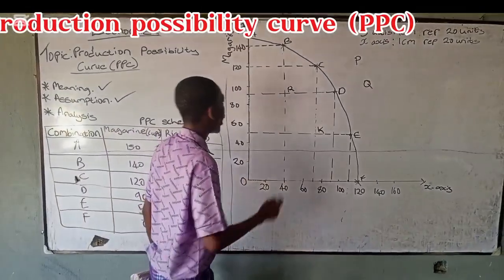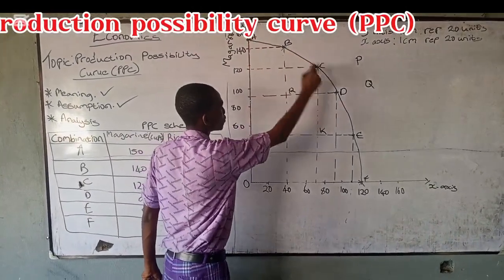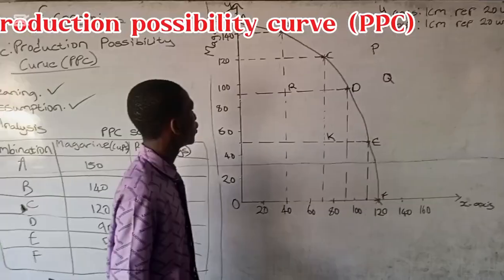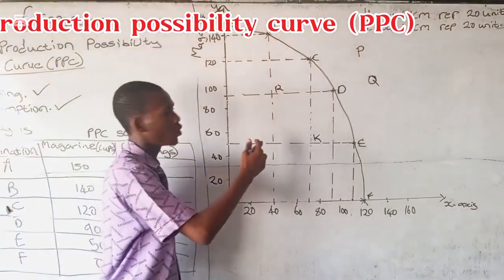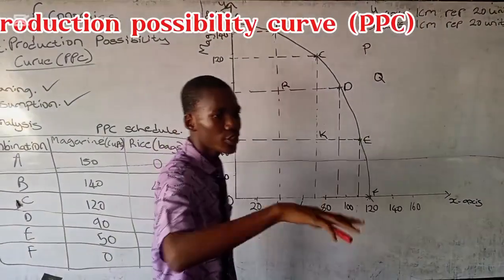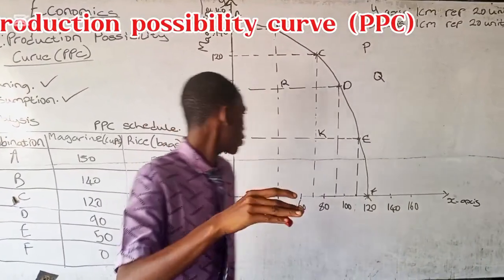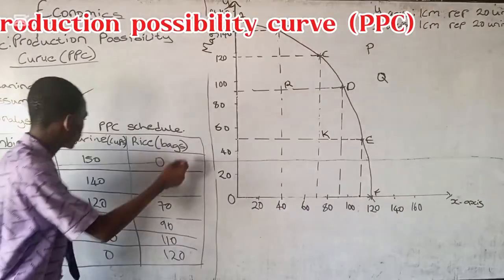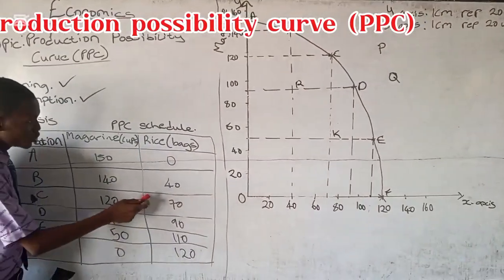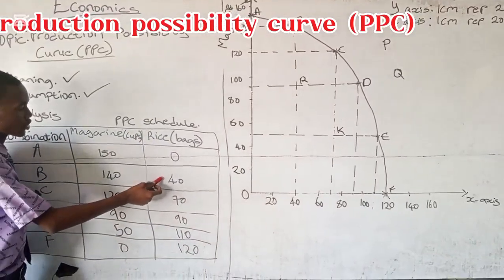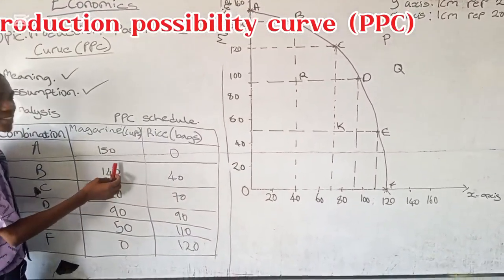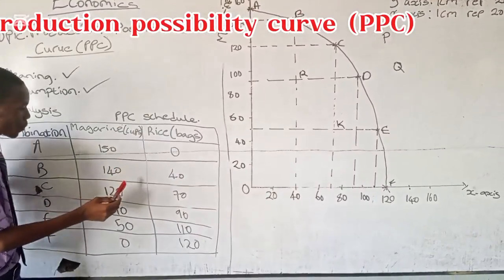We also have: why is the production possibility curve downward sloping? This is because of opportunity cost. On this schedule, for us to produce 40 bags of rice, we had to sacrifice 10 cups of margarine.